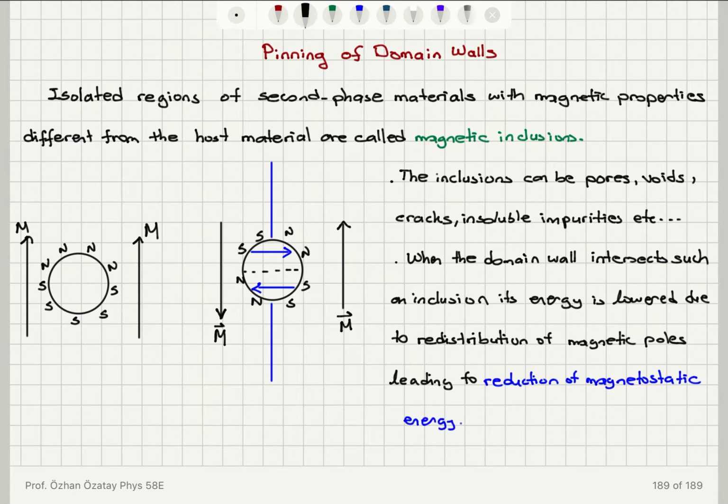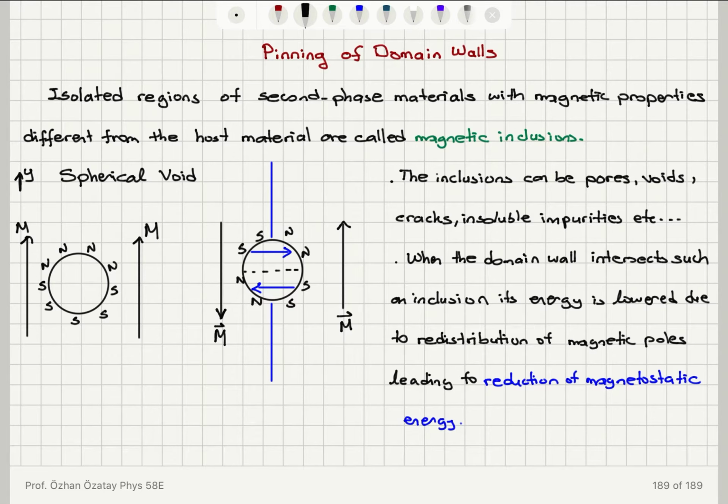And I'm going to make a simple calculation here to demonstrate this idea. So here I have a spherical void inside a sample, and initially this is magnetized in the upward direction, so on the plus y direction, and you can see the distribution of poles. The south poles will be at the bottom and the north poles will be at the top.